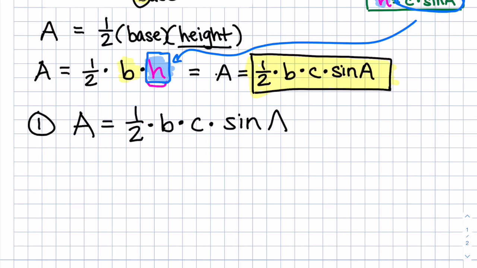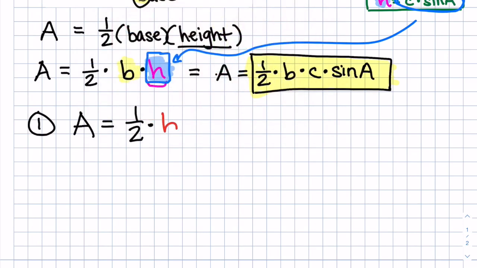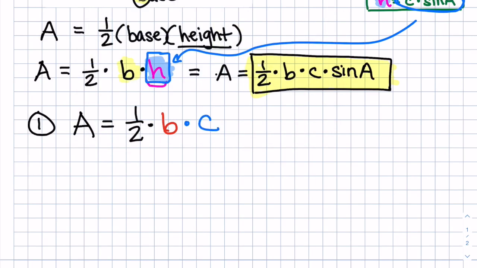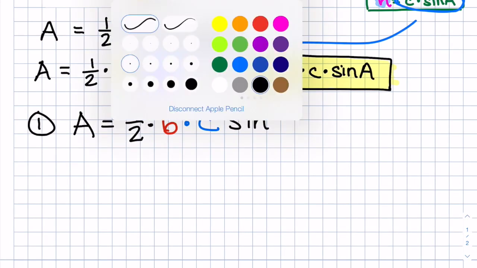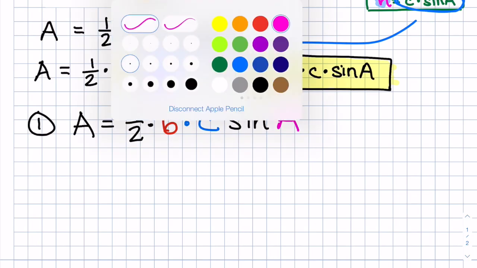Let me color code real quick. Here, I'll do this. So we have little b, little c, sine big A, right?